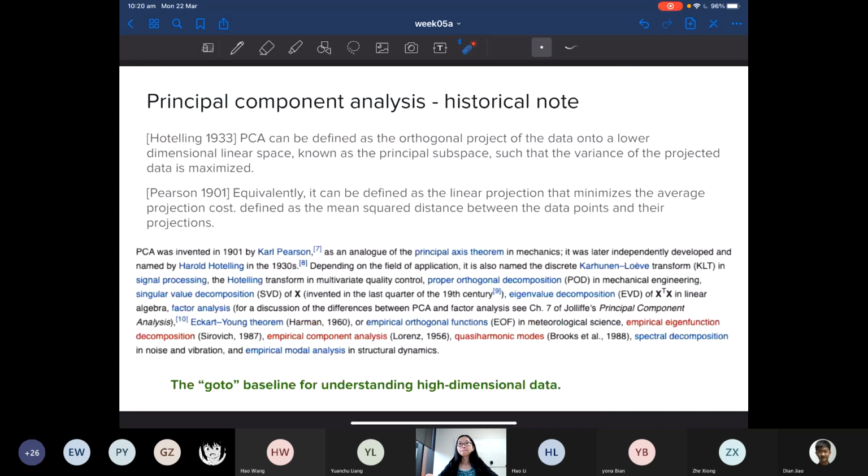First of all, let's make a note of the terminology, right? Principal component analysis is written with the word principal, but not principle.